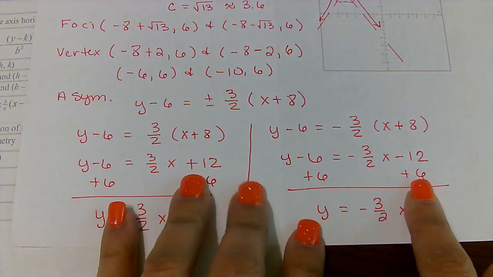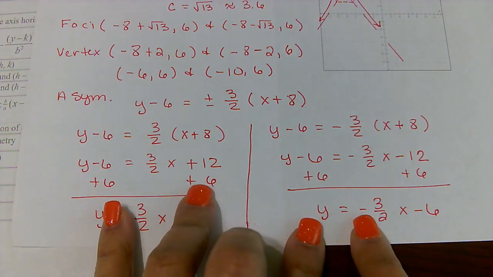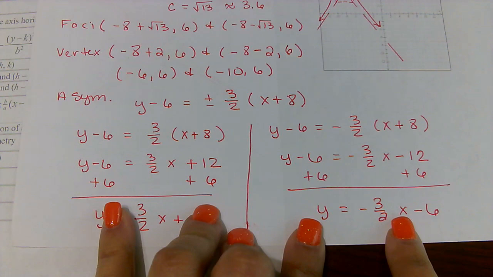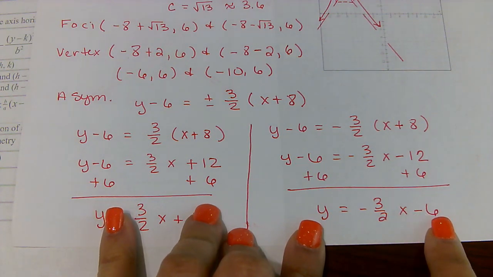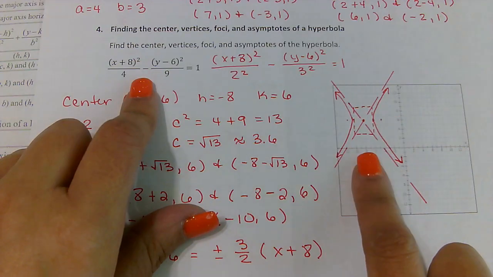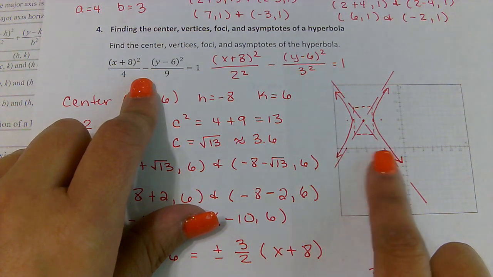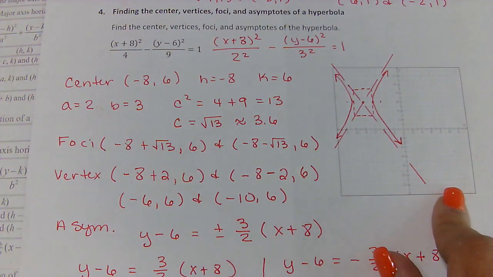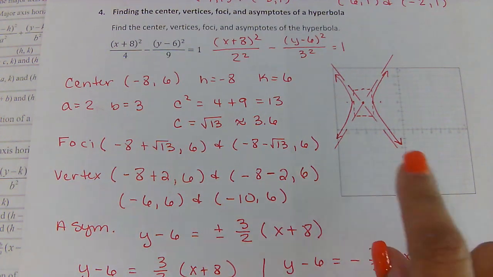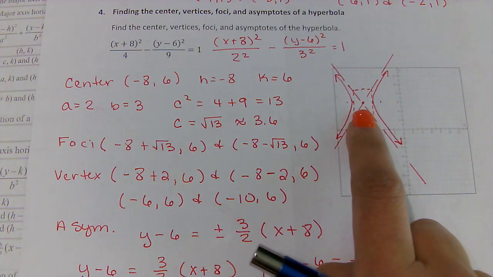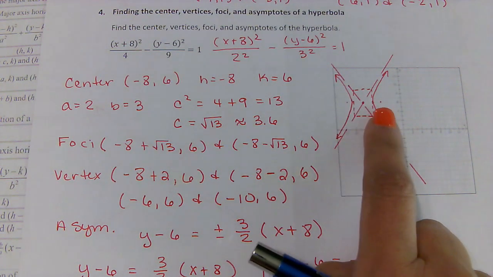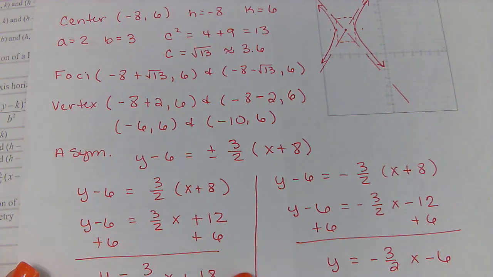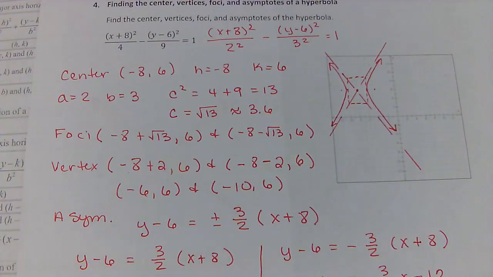Add 6 to both sides, and you should get y is equal to negative 3/2 x minus 6. In this particular problem, you do not need to graph the hyperbola. I normally will provide a graph for the ones who are visual so you can verify your points that you got by doing the math.